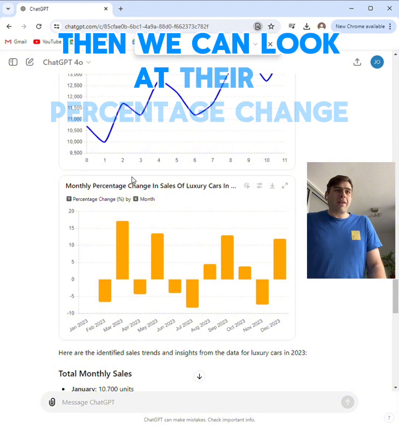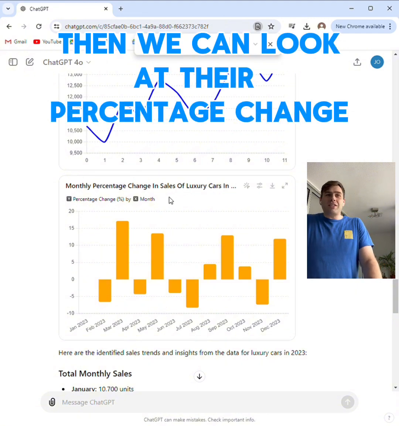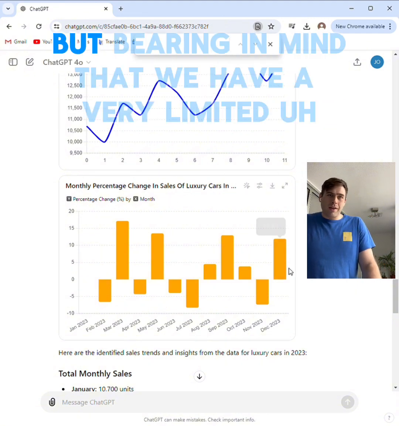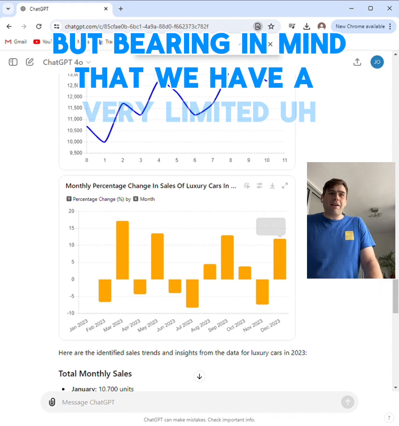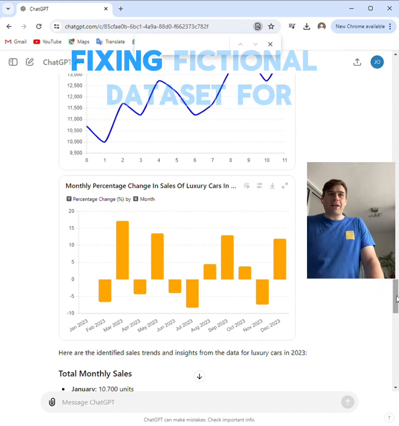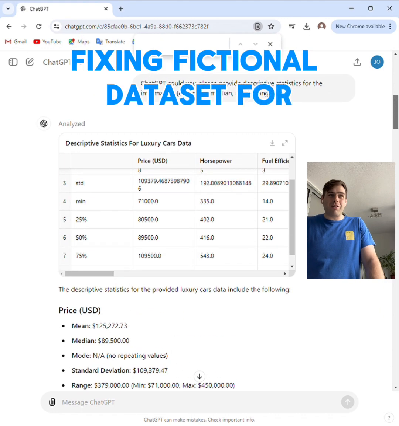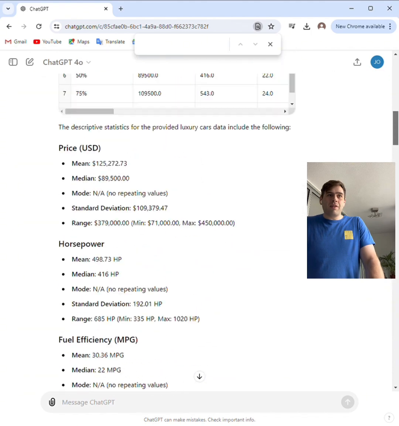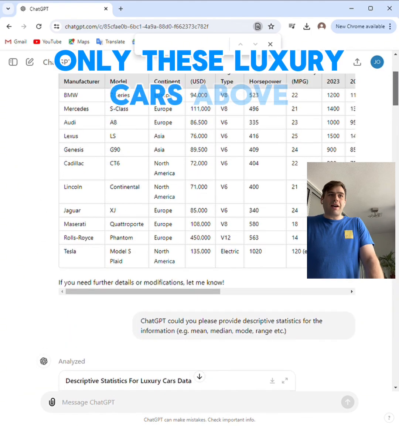And then we can look at the percentage change in sales of luxury cars, but bearing in mind that we have a very limited fictional data set for only these luxury cars above.